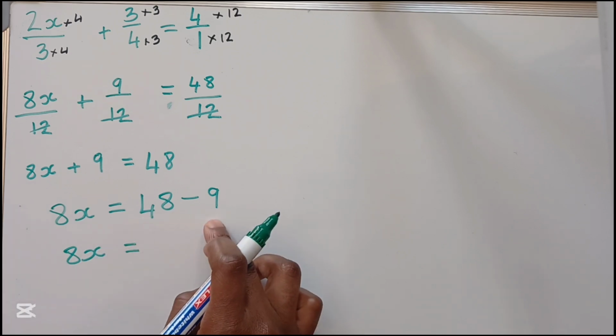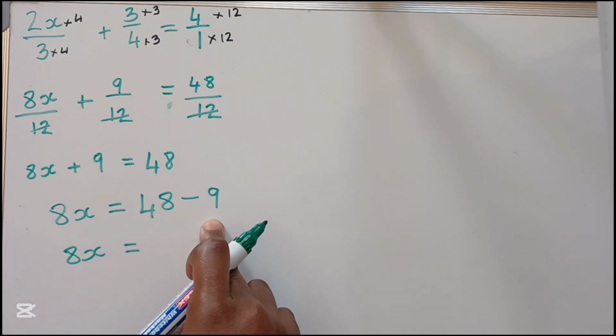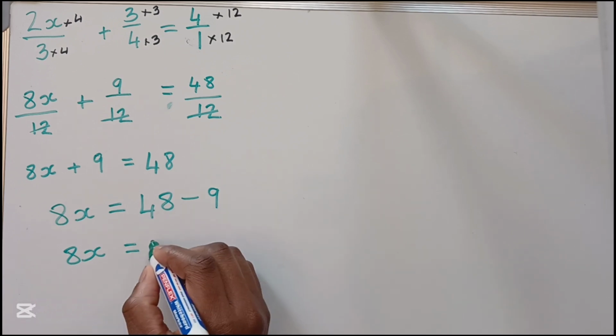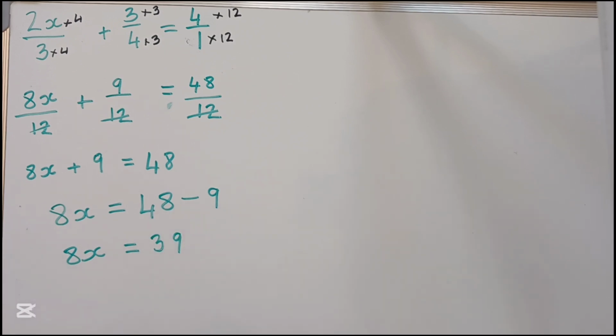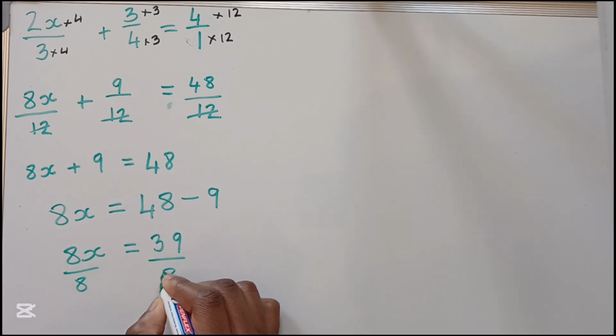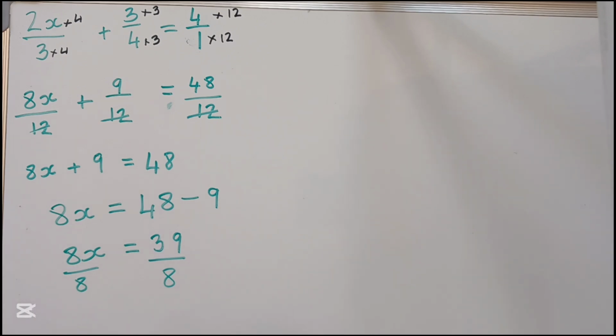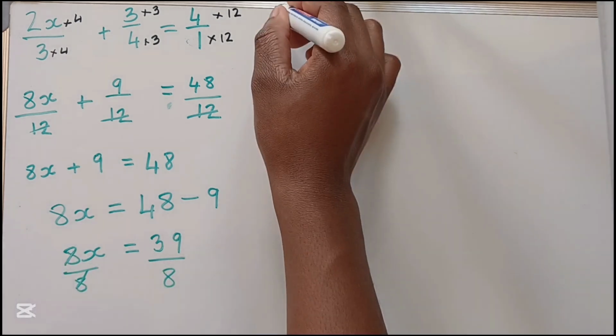We can work with this because these two are like terms. 48 minus 9 will give you 39. We still have to isolate the variable by dividing both sides by 8. So 8 divided by 8, these two will cancel out.